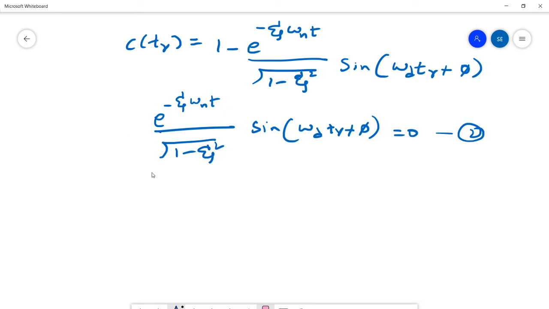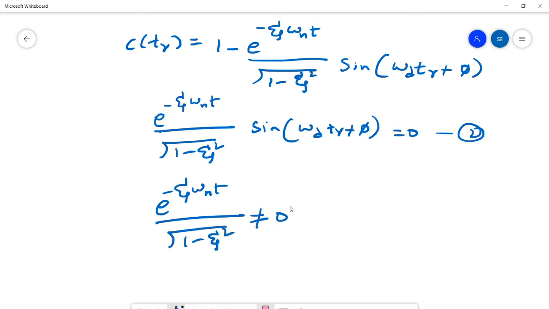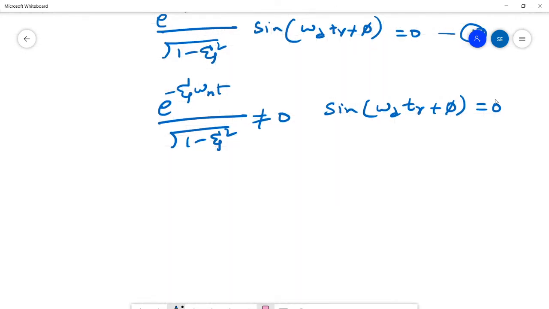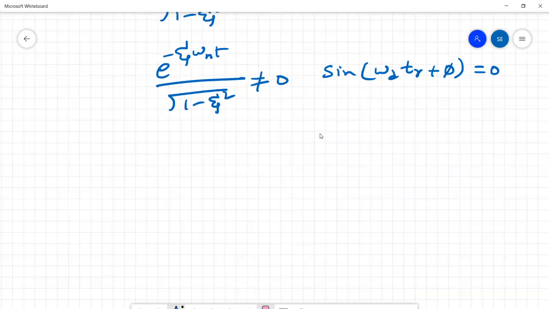This product we can't make 0, so e power minus zeta omega n t divided by root of 1 minus zeta square can't be 0. Therefore, the leftover term, sine of omega d TR plus phi, can be equated to 0. The reason is that whatever values you substitute in the exponential term, it won't become 0.